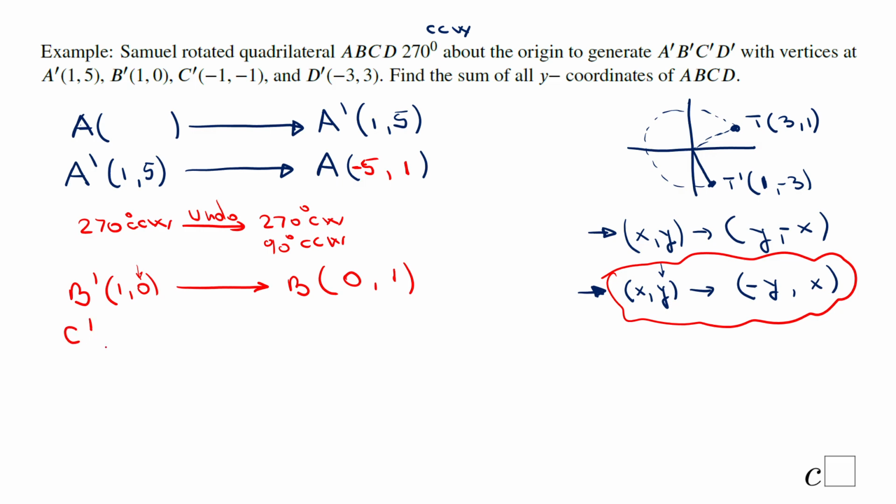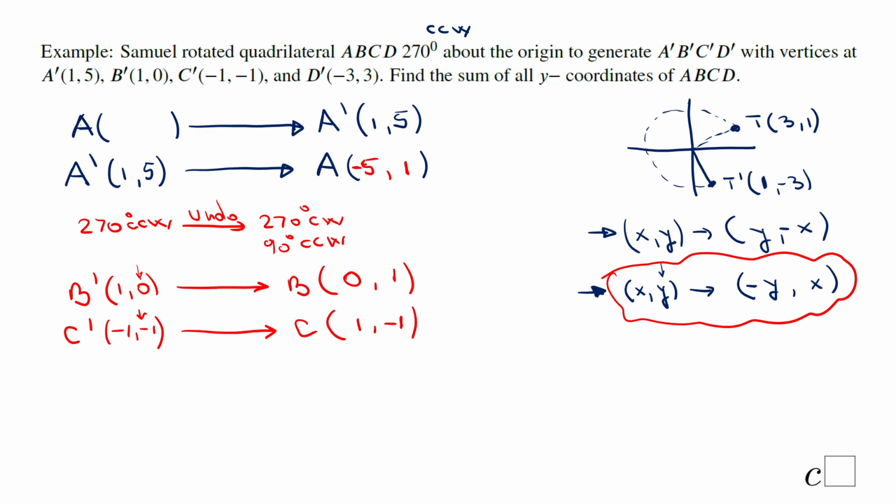C prime, which is -1 and -1. Okay, what will be the C? Again, I'm going to use the red rule. I'm going to switch the X and Y, in this case nothing, pretty much, because both of them were -1, and I have to change the sign of this Y. That will be positive.